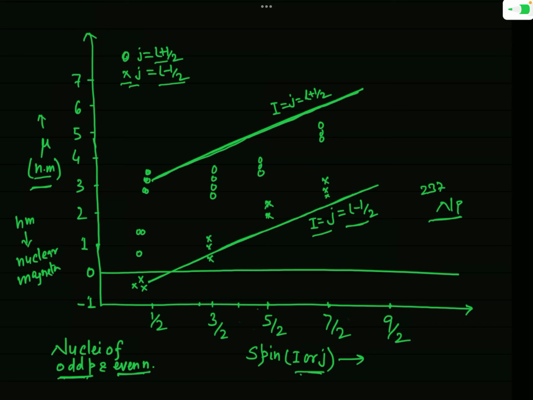But if you consider that our potential is not spherically symmetric, it means you are talking about a deformed nucleus. In that case, there will be a nucleus which is either a spheroid or an ellipsoid.